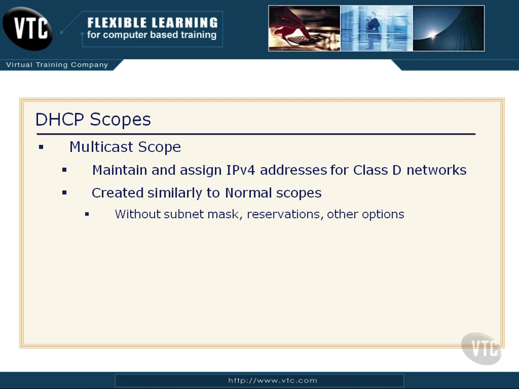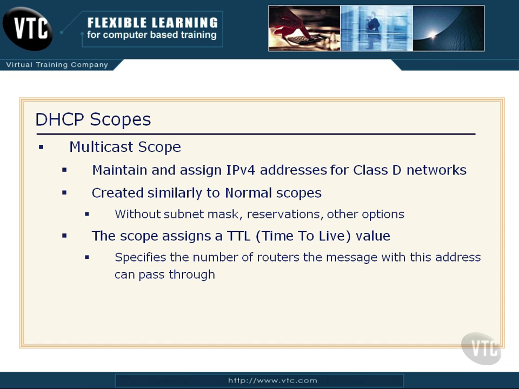However, a multicast scope does not provide things like subnet masks, reservations, or any of the other options. Instead, it assigns a TTL, we call it, which in English means time to live value. Now, the time to live value is really there just to specify the number of routers any message with this address can pass through. Now the default TTL is 32.